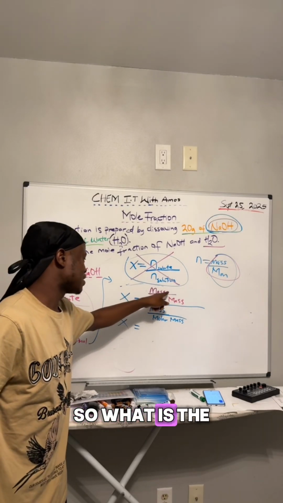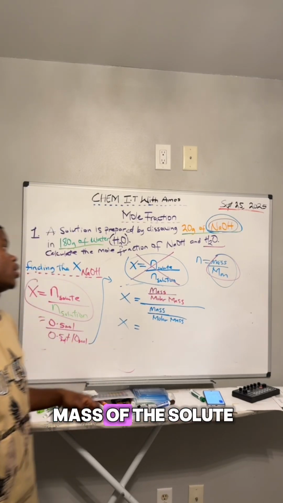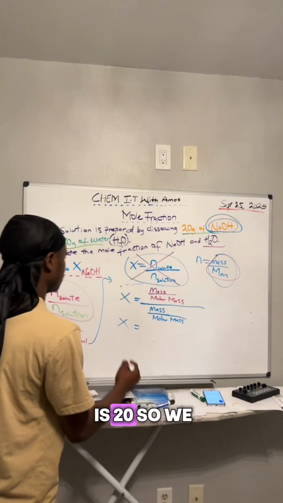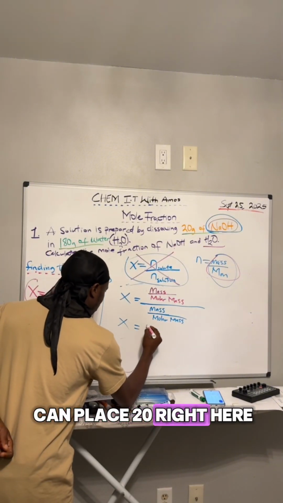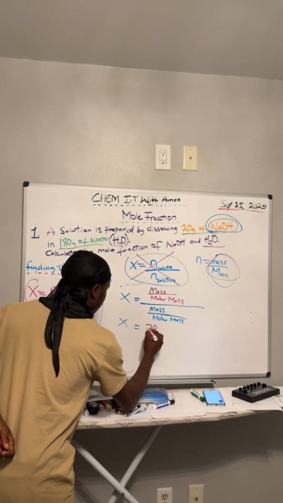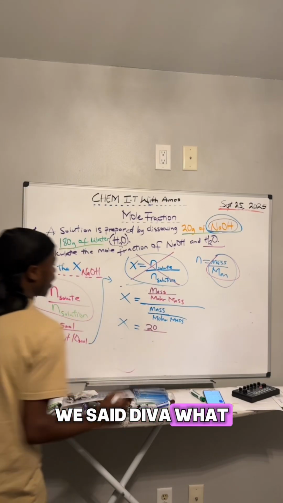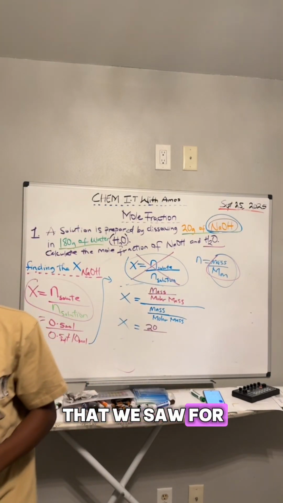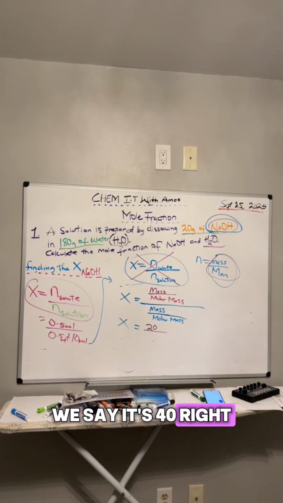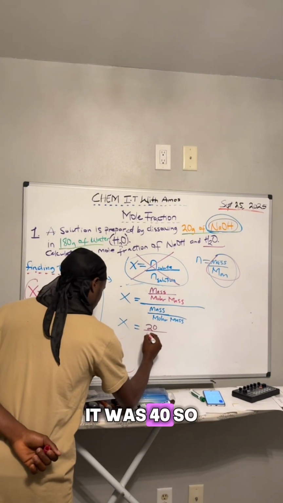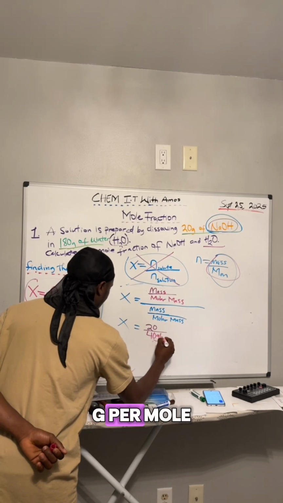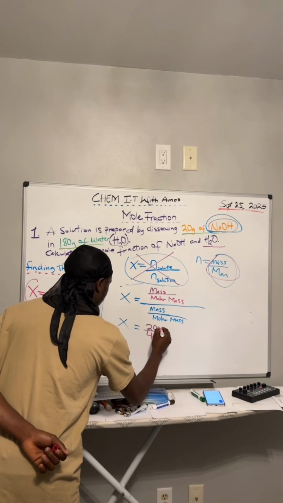So what is the mass of the solute? The solute is this, is 20. So we can place 20 right here. We say divide. What is the molar mass of the solute, which is sodium hydroxide that we solve for? We say it's 40, right? It was 40, so it's 40 gram per mole.